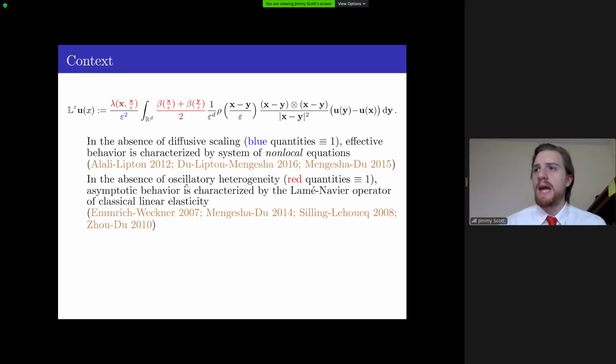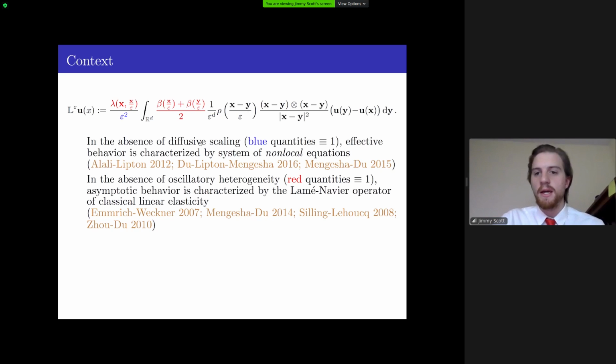Now, in the absence of the heterogeneity, in other words, if the terms in red here are identically one, then you are in the regime of vanishing horizon. So you're looking to see what happens as the horizon goes to zero, and so that's in effect localizing the equation.